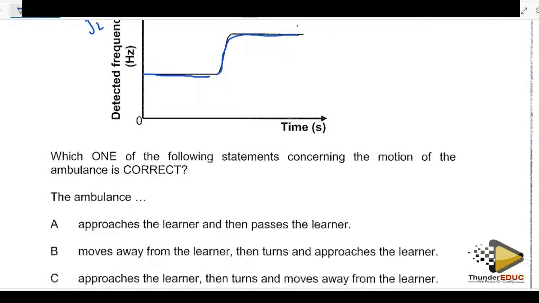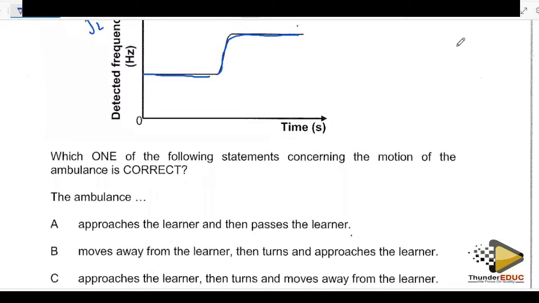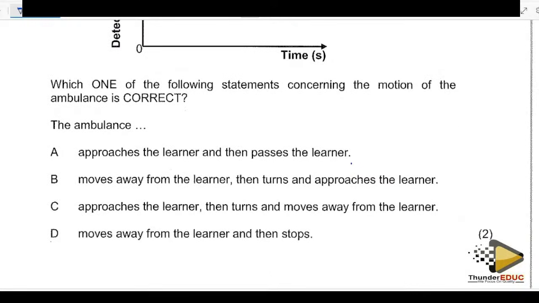Which of the following statements concerning the motion of the ambulance is correct? The ambulance approaches the learner and then passes the learner. If it's approaching then passes, then we'll have another section where the frequency drops again. So this is a one-or-the-other approach. It's either approaching or leaving.